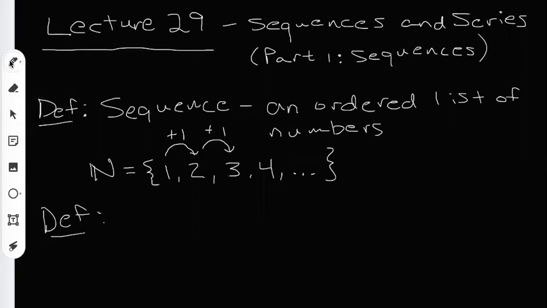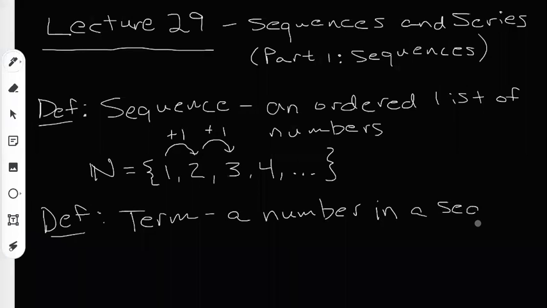A term is a certain number in a sequence, and a term is listed in terms of order.